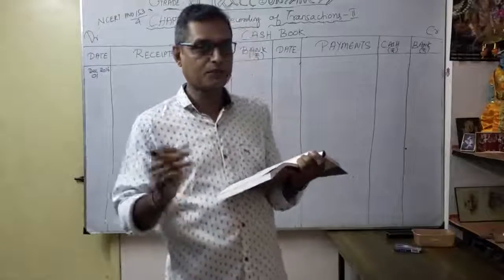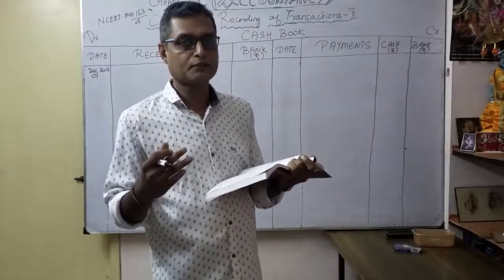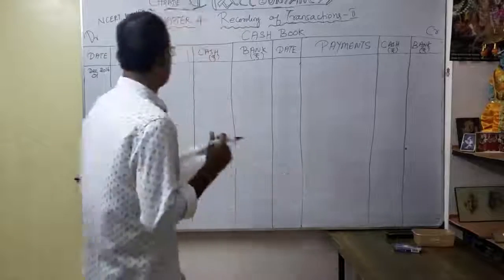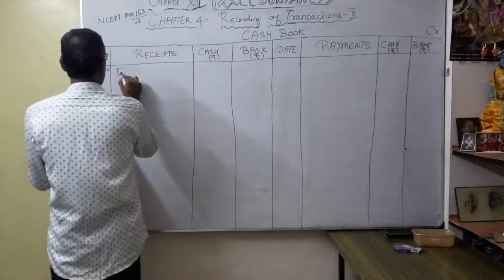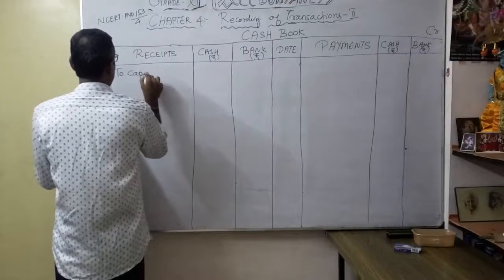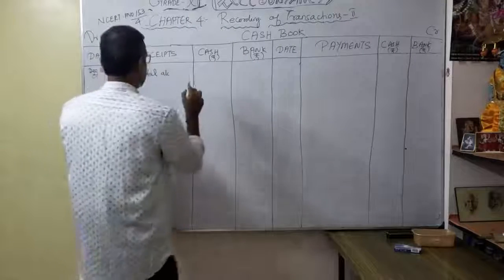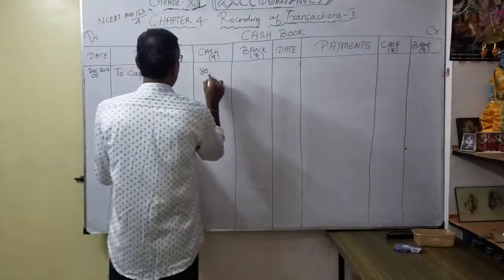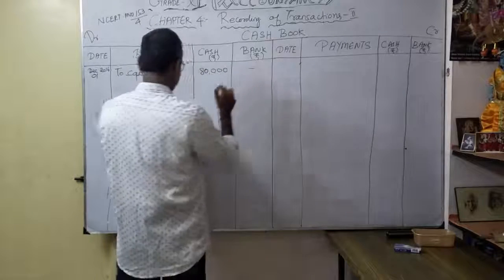They brought the cash into the business. The journal entry is: Cash account debit, 80,000, to capital account. In the cash column you should carefully write 80,000, and here put a dash.